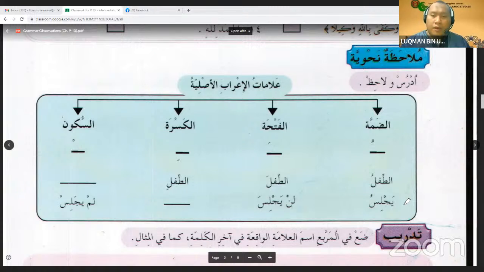Particularly, we're talking about the imperfect tense of the verb, which also has 3 signs. The imperfect tense of the verb will never end with kasra. So we have only dhamma, that's the default one, then fatha, then sukun, ajizum. I hope that's clear.